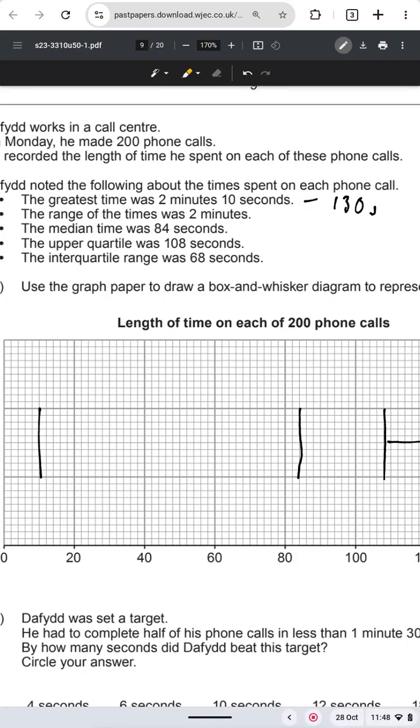The interquartile range was 68, so our upper quartile minus the interquartile range will give us our lower quartile. So 108 minus 68 is 40, which gives us another line here, and there's our box and whisker.